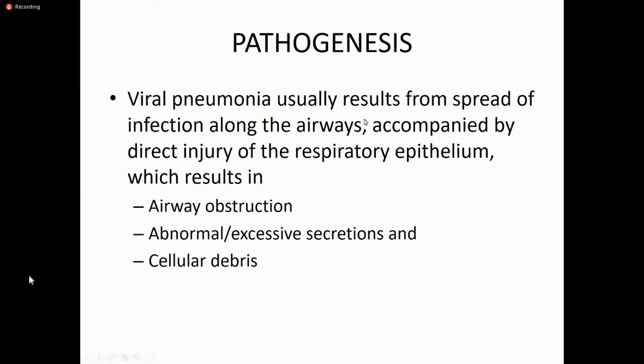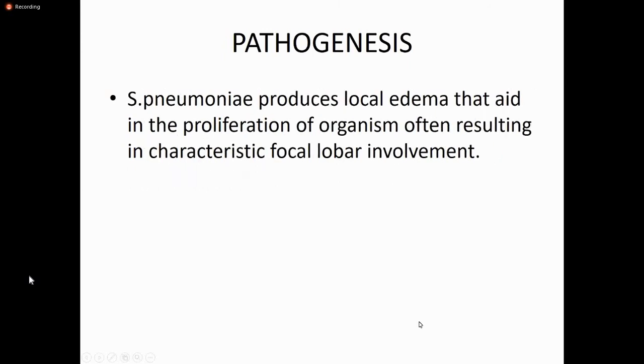Like viral pneumonias usually result from a spread of infection along the airways, and this is accompanied by direct injury of the respiratory epithelium, and it results in airway obstruction, abnormal or excessive secretions, and cellular debris. So when there are more secretions, the airway becomes obstructed, right? On the other hand, Streptococcus pneumoniae produces local edema, and that aids in proliferation of organisms resulting in characteristic focal lobar pneumonia.